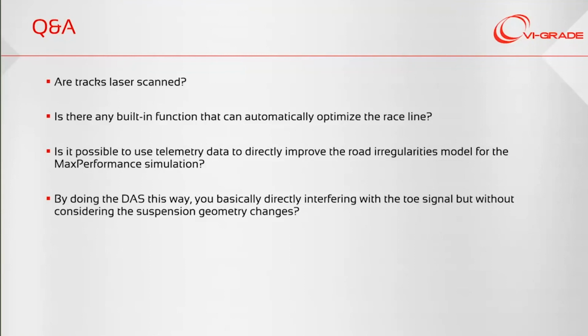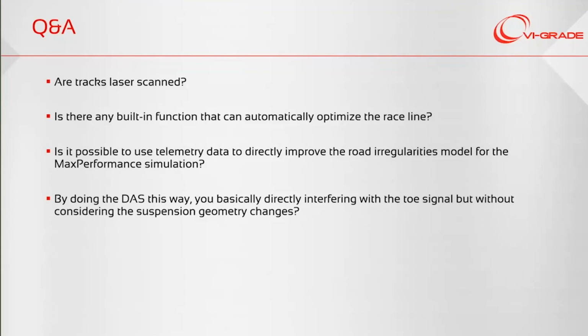Okay. Then, is there any built-in function that can automatically optimize the racing line? In VI Road, as you have seen, we have the functionalities to modify racing lines. Automatic optimization is not supported.